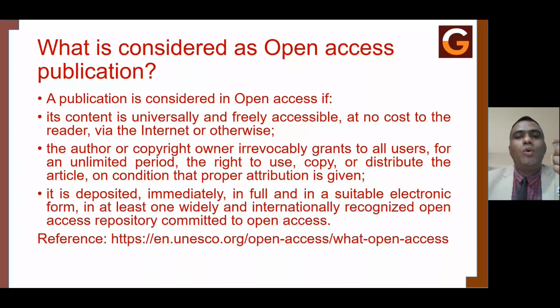The author or copyright owner irrevocably grants to all users for an unlimited period the right to use, copy, distribute the article on the condition that proper attribution is given.